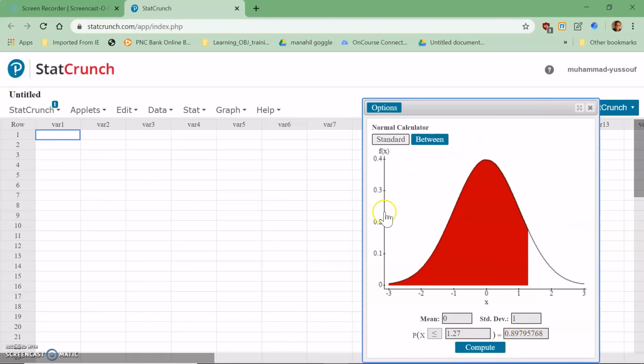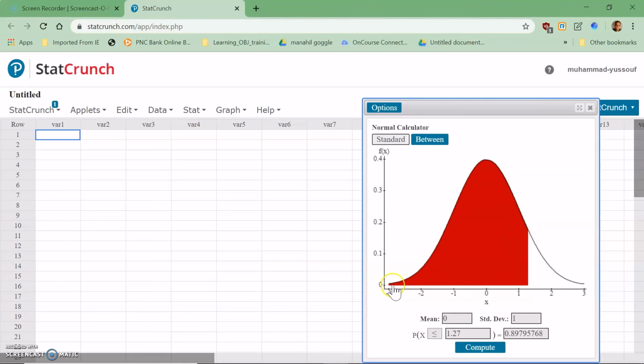And look at this, StatCrunch also gives you the picture. That's the area, or that's the probability. That's what it was saying, the cumulative area from the left. Look at this red area which is shaded. This is 1.27, and this is the cumulative area starting from the left side all the way up to this boundary line. That is what it was saying in Excel: are you looking for the cumulative area?